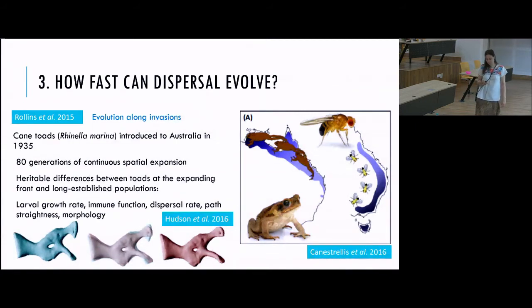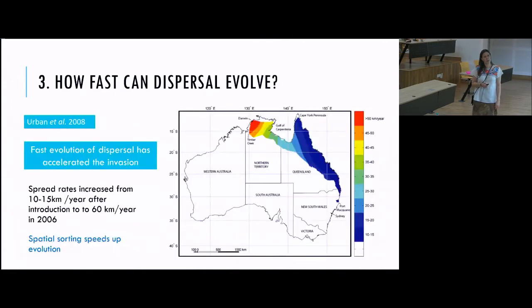And what they actually found is that because of the evolution of higher dispersal capacity and bigger legs and different behavior, the toads at the front are moving much faster than the toads at the core of the range.